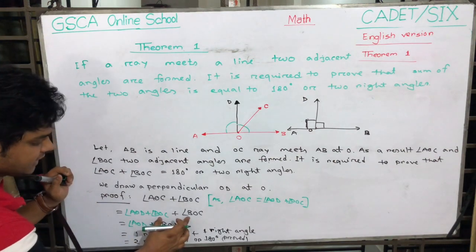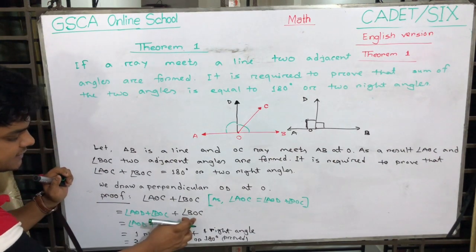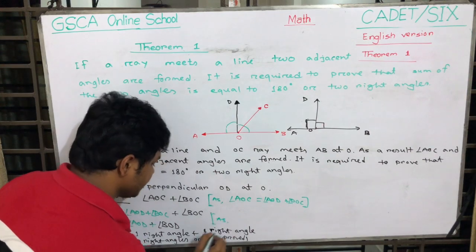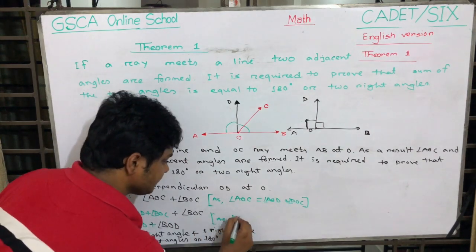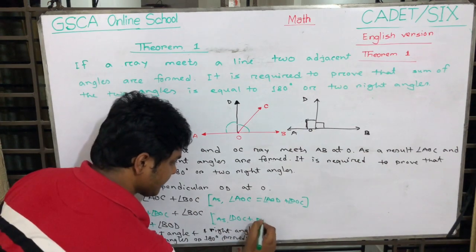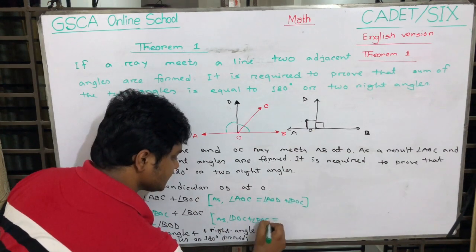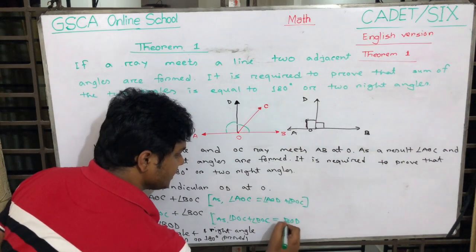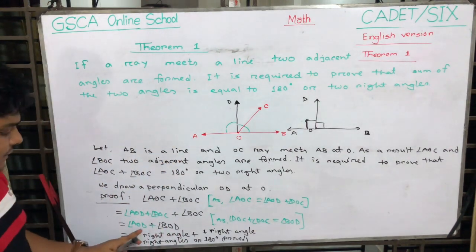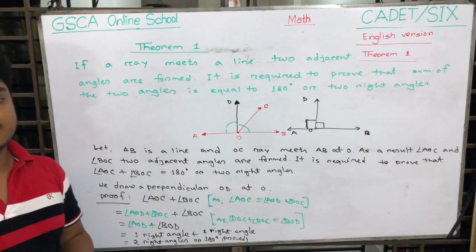After getting the sum of these two angles, write DOC plus BOC is equal to BOD. And here these two angles are right angles.